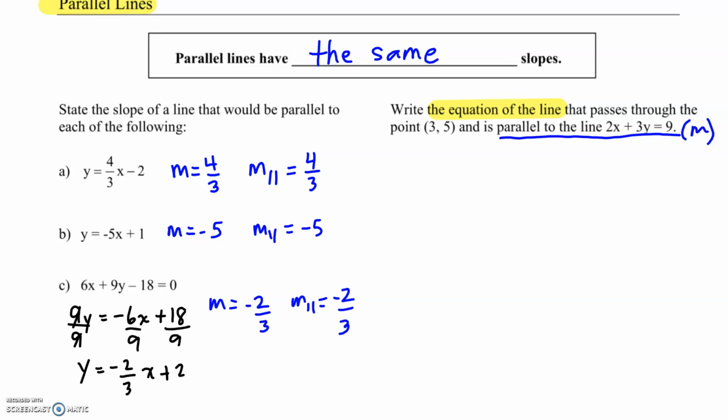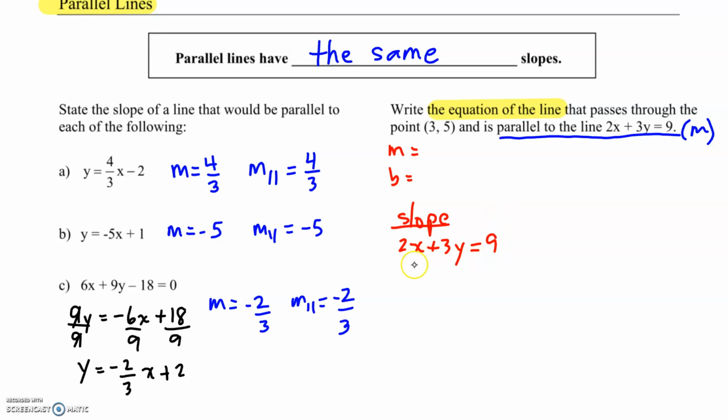All right, so just a reminder as well, to find the equation of a line, we know we need two things. We need our m and we need our b. So let's start by finding our slope. To find the slope, I need to use that line 2x plus 3y equals 9.